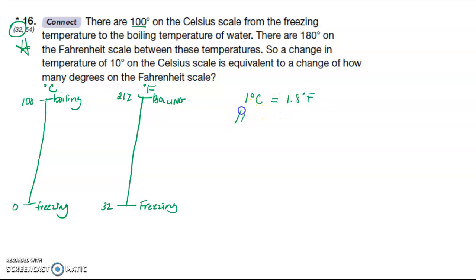So if we change this by 10 degrees, then I'm thinking we multiply, and that's going to be 18 degrees on the Fahrenheit scale. I only know that because I looked it up on lesson 32. There's probably a way to use a ratio box, but no.